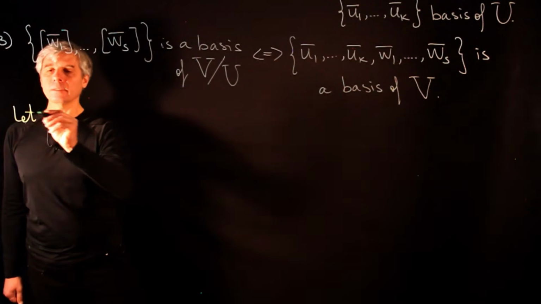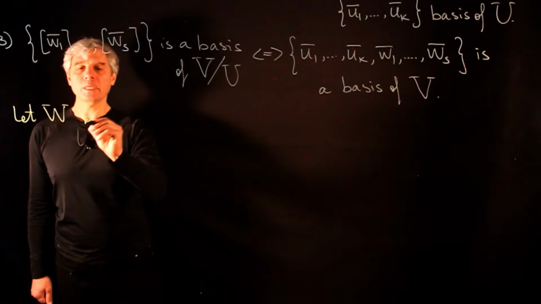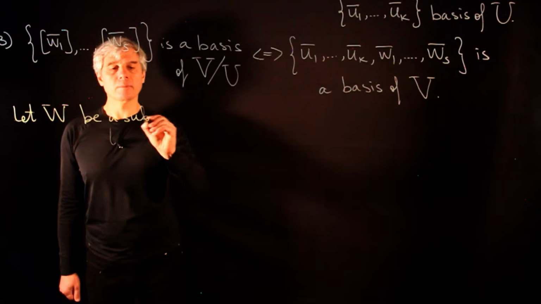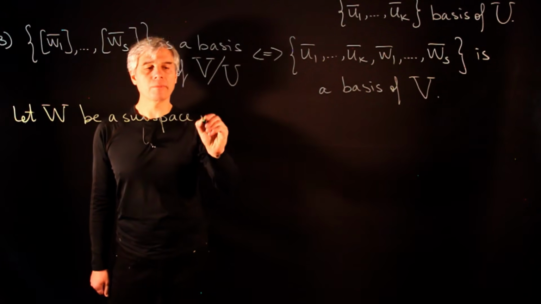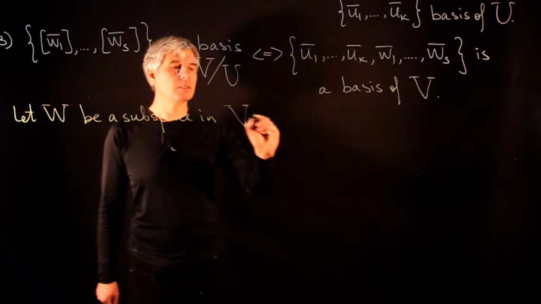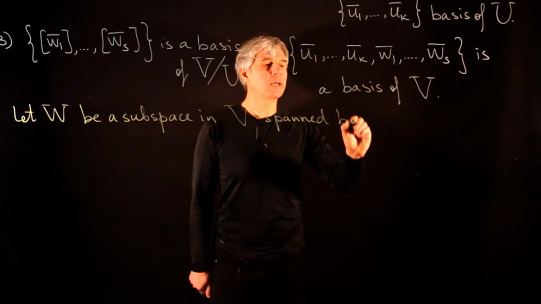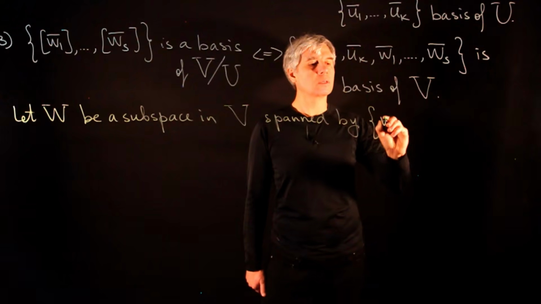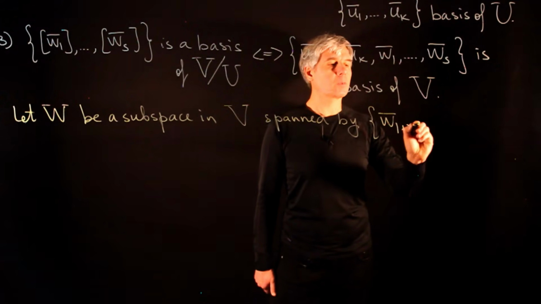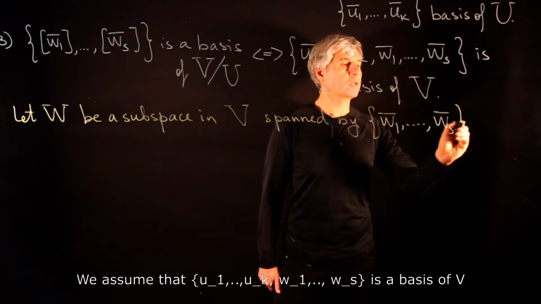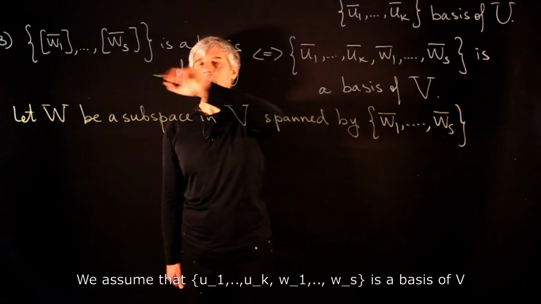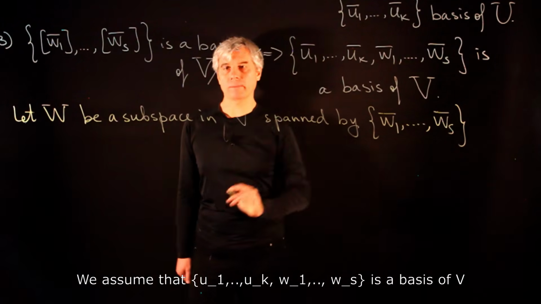Let W be a subspace in V spanned by these vectors W1 through WS. So here we assume that this property 3 holds.